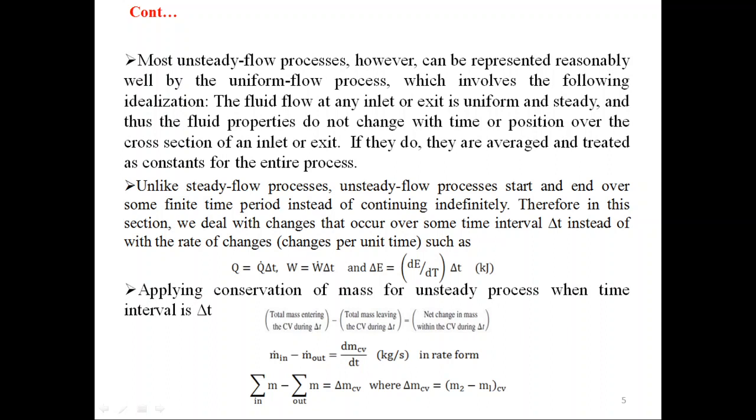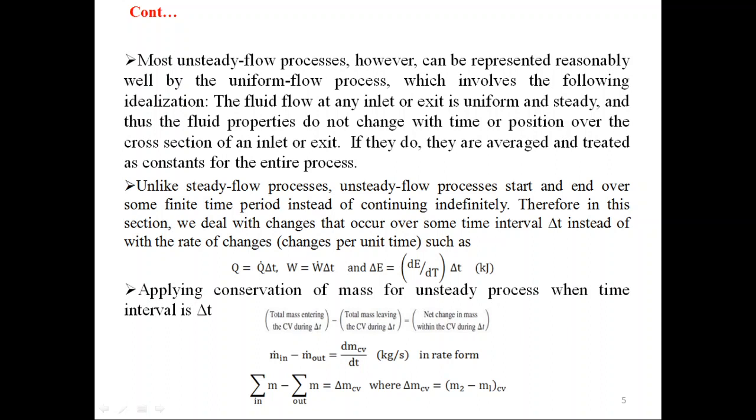Most unsteady flow processes, however, can be represented reasonably well by the uniform flow process, which involves the following idealization.